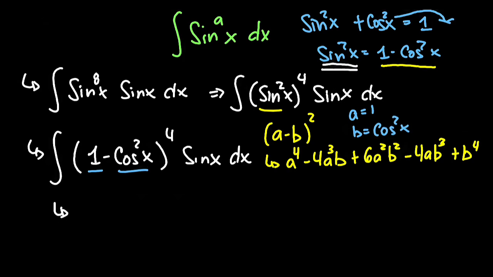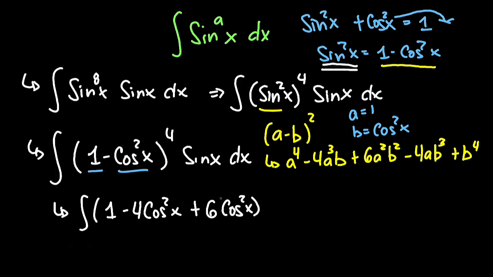Applying that to the formula, this would be a to the power of 4, which is simply 1 to the power of 4, is simply 1, minus 4 multiplied by a cubed, which is simply 1. Multiply that by b, which is cosine squared of x, plus 6a squared is 1, b squared is cosine squared of x raised to the power of 2, which will give you a value of cosine to the power of 4 of x, minus 4a is simply 1 again.